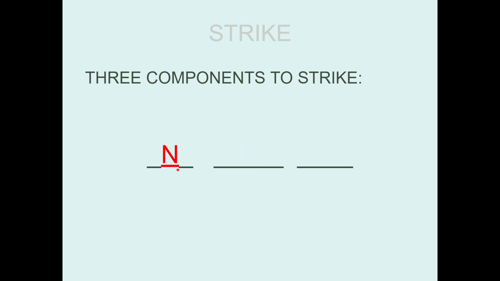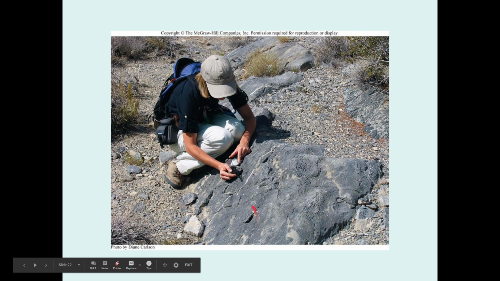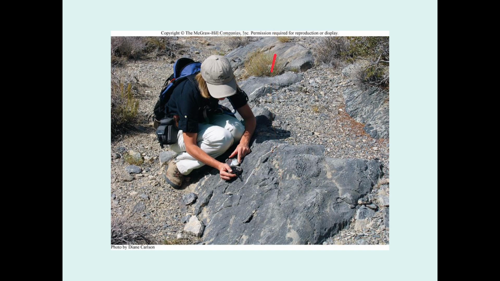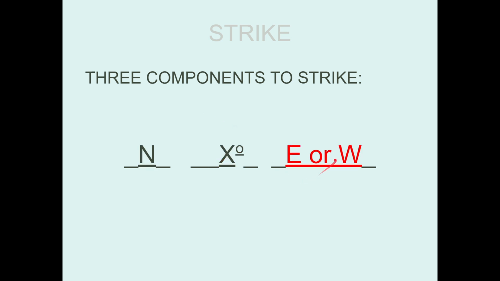So I can come back here to this photo and say, okay, this rock is striking towards the north, and if north is straight up this way, let's assume north is straight up. We could say this is striking to the north and a few degrees to the west. Right, so it's striking towards the north and maybe 10 degrees to the west.